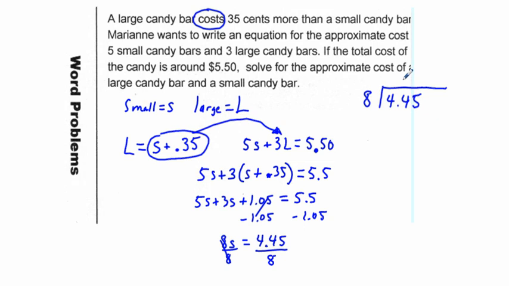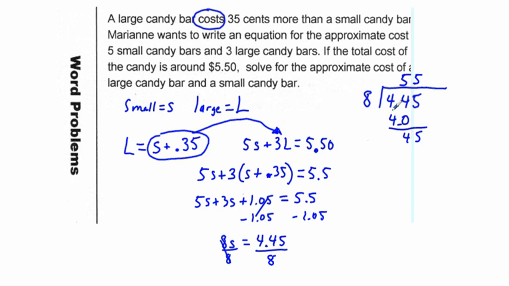Well, it goes in 5 times. We put 5 here, multiply, and we get 40. Okay, or we can say 4.0. And we subtract, we get 4, and bring down the 5. How many times does 8 go into 45? Well, it's going to go into another 5 times.